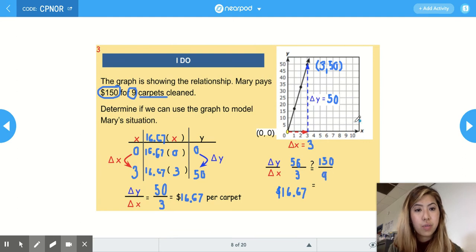And so over here, the 9 carpets would be here, and of course 150 would be off the graph. So we just have to divide 150 divided by 9, and we get 16.67, or about that if we rounded to 2 decimal places. And so yes, we can use this graph to model Mary's situation.